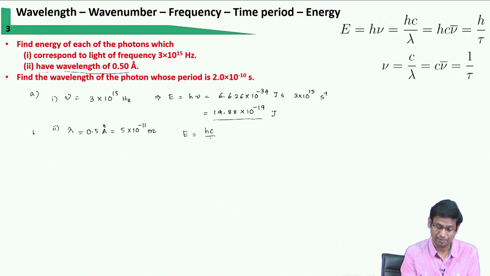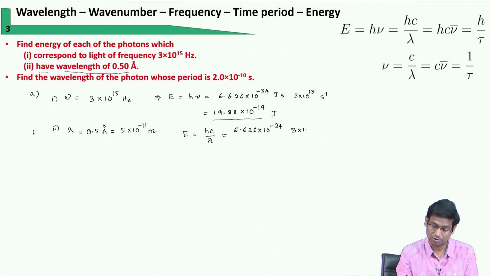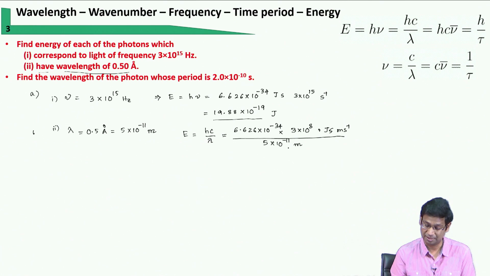Energy is simply E equals hc by lambda. Now, I have two constants to worry about: 6.626 into 10 to the power minus 34 is Planck's constant, multiplied by 3 into 10 to the power 8. Joule second is the unit of Planck's constant, meter per second is the unit of the speed of light, and this is divided by the wavelength of the radiation, which is given in meters.